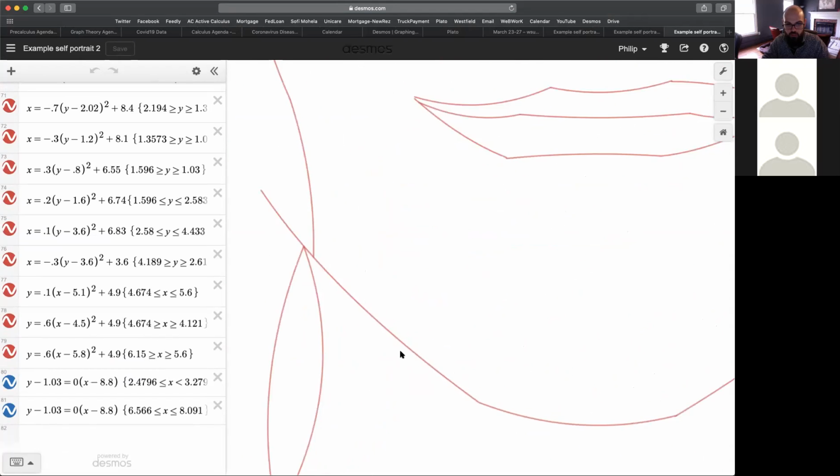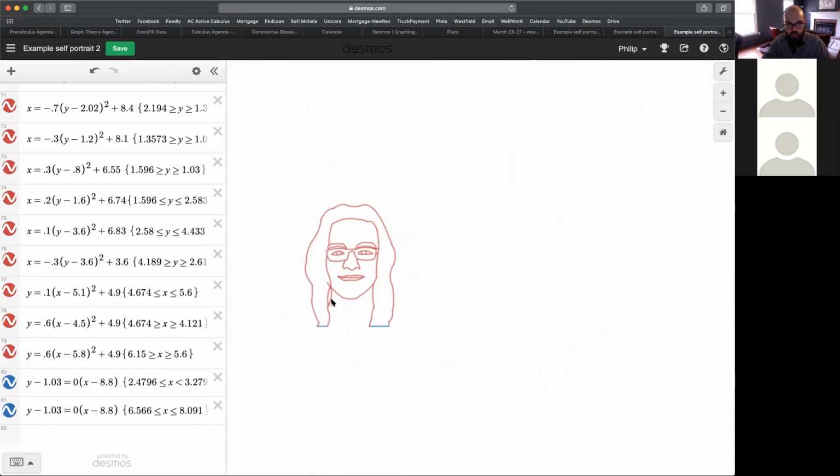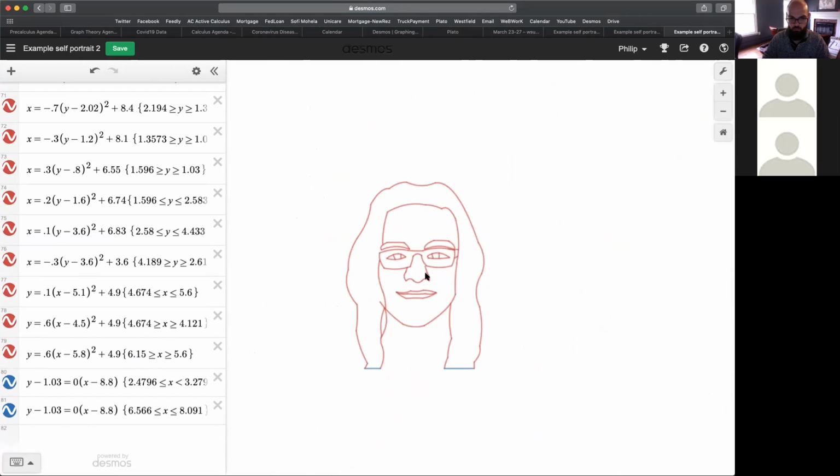You can even see over here it's not totally perfect, and that's okay. But I think what you'll find is at the end of it, it's probably going to look like you. You'll be able to recognize yourself from it, which I think is pretty neat.